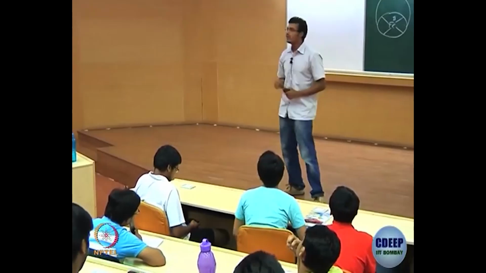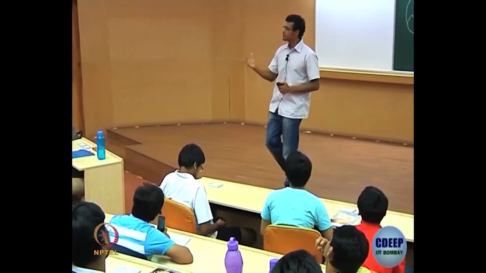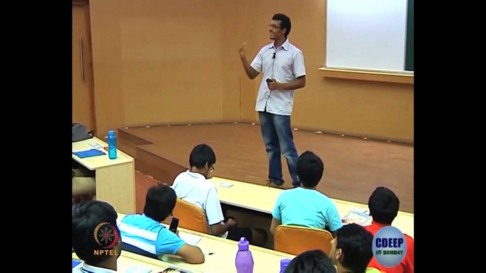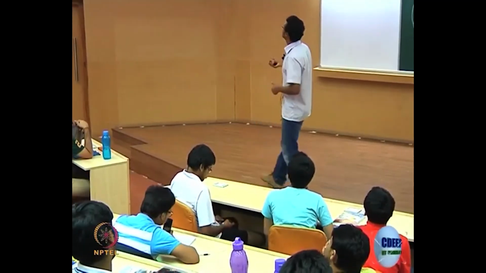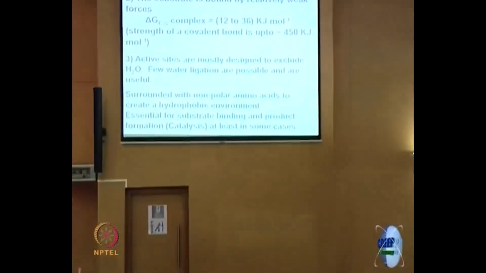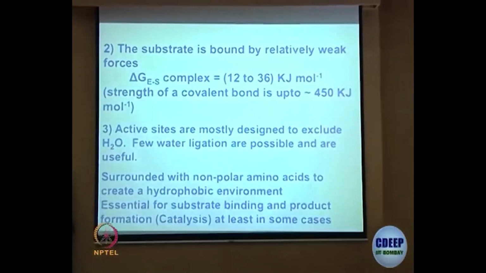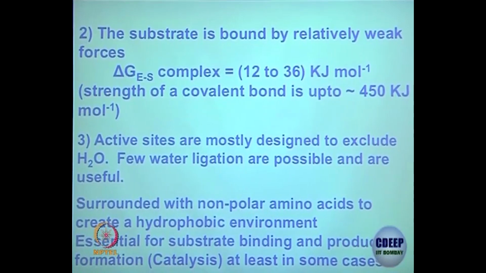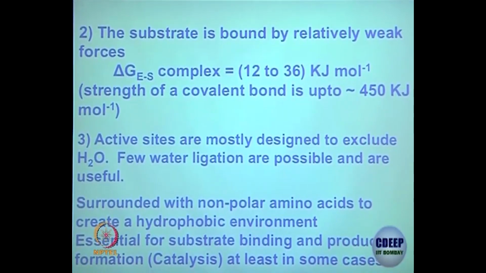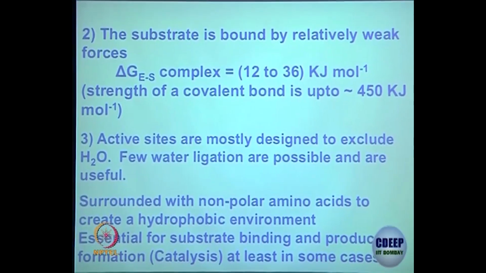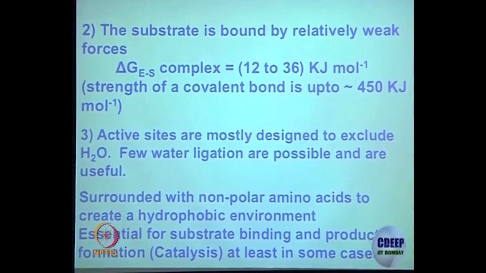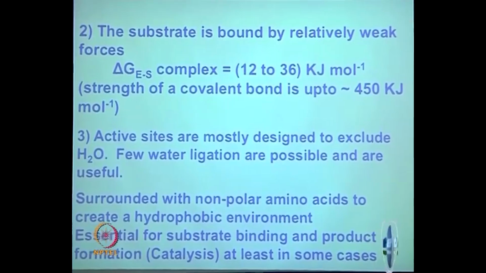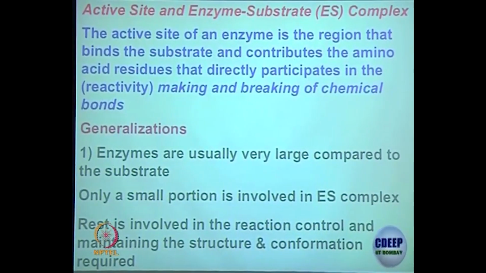Okay. Now, in the enzyme and substrate interaction, the ES complex, the substrate is bound by relatively weak forces. That organic substrate is not going to be bound very strongly. They form weak complexes. Another important thing to understand is that the enzyme is huge. Not everywhere is it binding substrate.